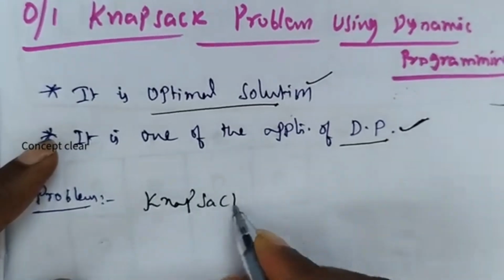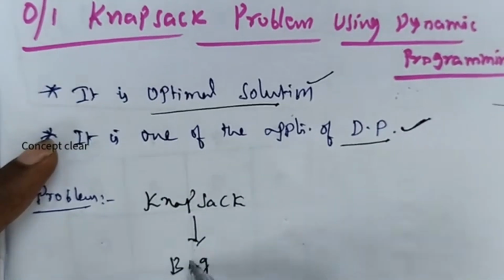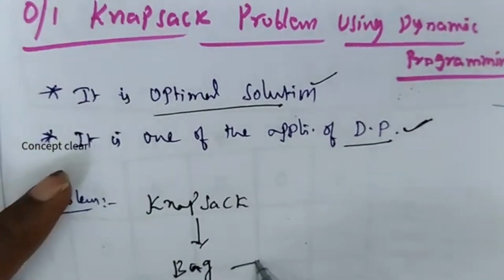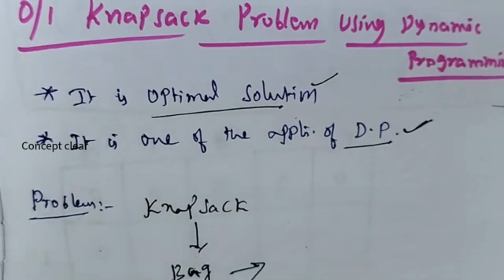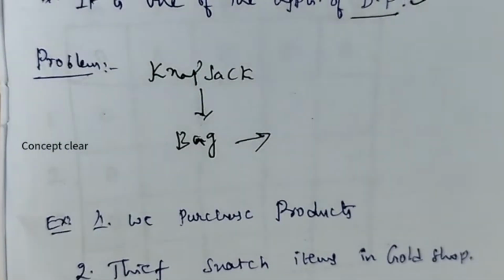What is the meaning of knapsack? A knapsack is nothing but a bag. Here we have to fill the bag with a number of items. Generally every bag has some capacity value.